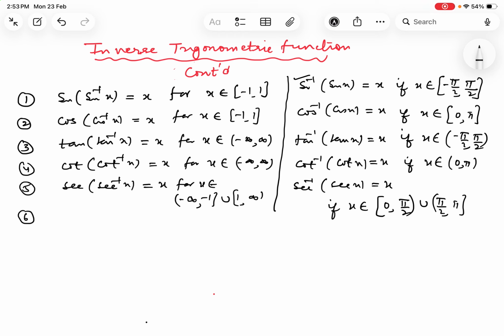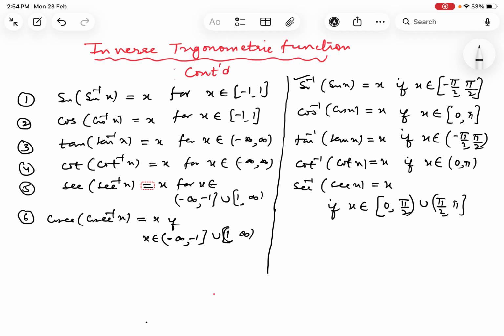Sixth result is cosecant of cosecant inverse x. Cosecant of cosecant inverse x is equal to x if x belongs to minus infinity to minus 1 union 1 to infinity.